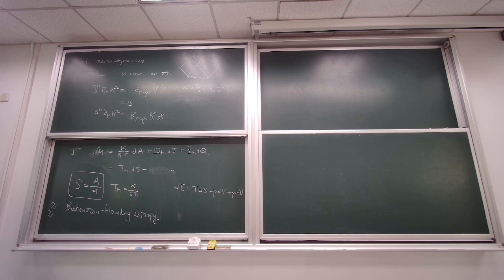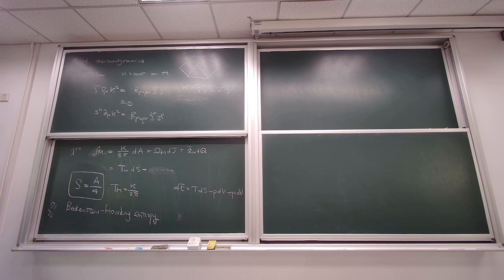So that's a very simple Gedanken experiment that Bekenstein did in the early 70s. Therefore, Bekenstein predicts that the black hole should have an entropy, which is proportional to area. Anyway, that's what they did first. That's why it's called Bekenstein-Hawking entropy.